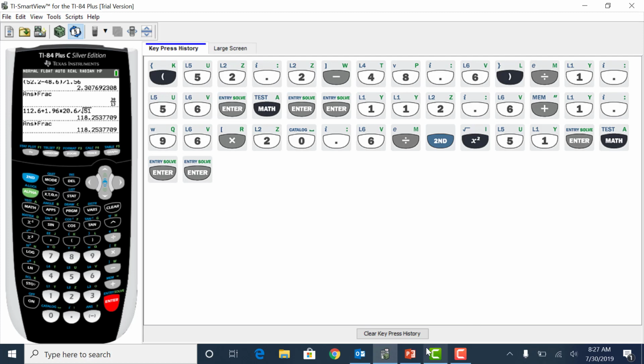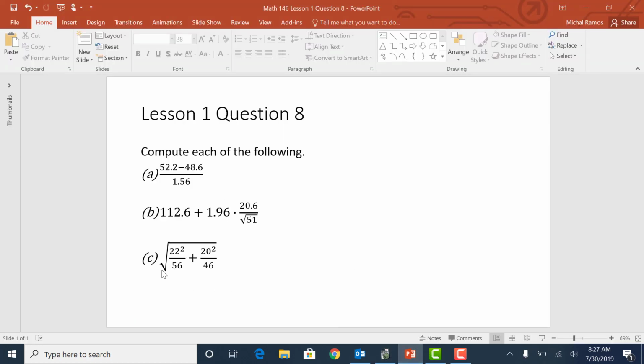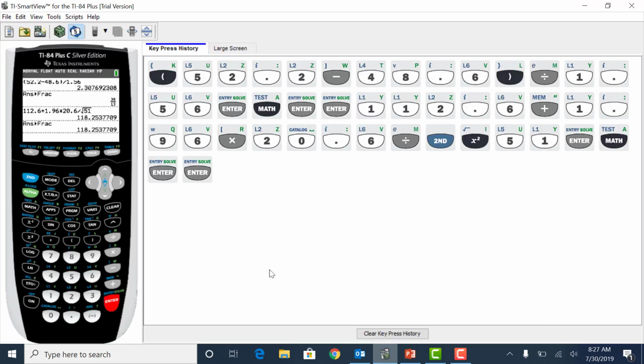Okay, let's go to the last one, part C. This is the square root over two fractions being added. And inside the numerator of those fractions, we have things being squared. So let's make sure that we tell the calculator to do all of that. So we'll start with our square root feature. And then we'll start entering our first fraction.